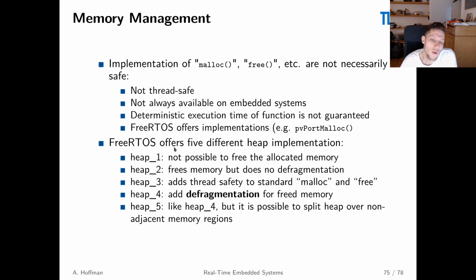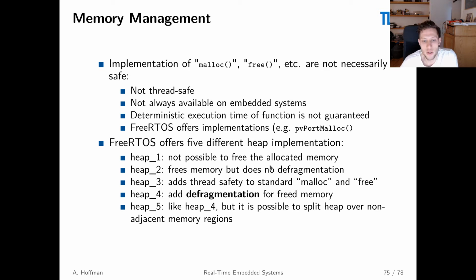They offer different flexibilities and complexities that you can then choose from as a user, depending on what your application needs. So we can see here, heap 1 is very basic, and it doesn't really offer the possibility to free memory. So essentially everything you allocate is allocated permanently for the rest of the application's execution.